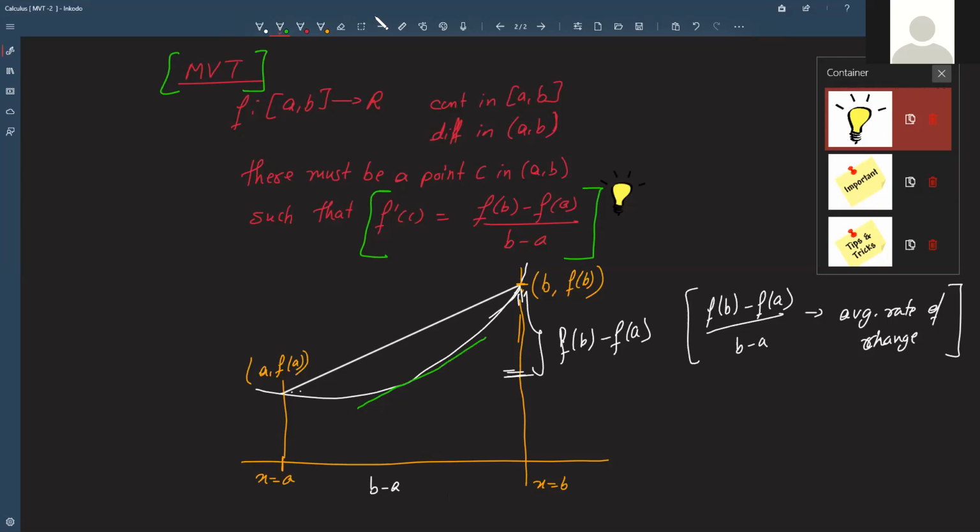which is parallel to the line which starts from this to this. Say suppose this point is P and this point is Q. So this tangent, the green tangent, is actually parallel to PQ. From the figure you can say it is bound to happen.